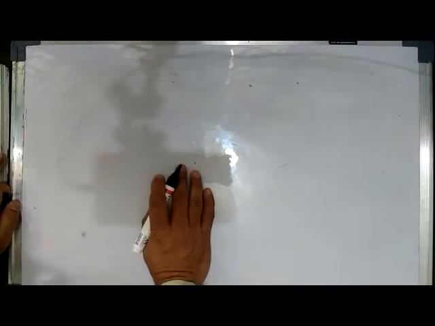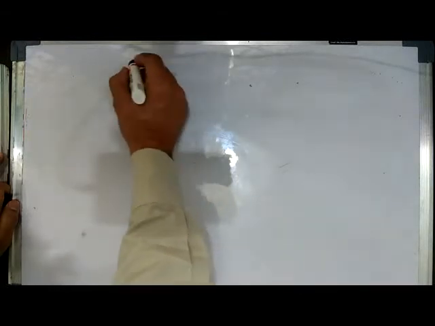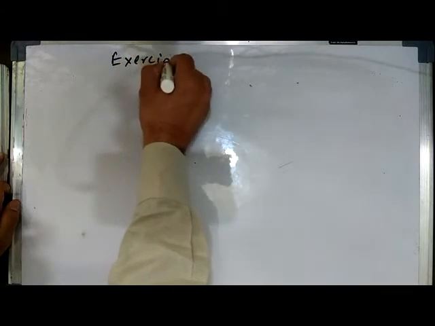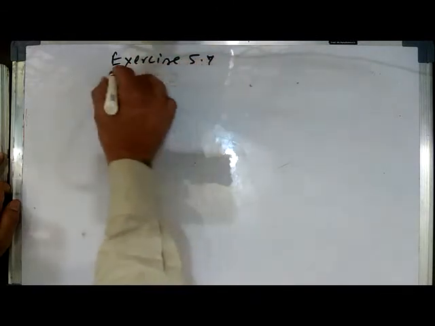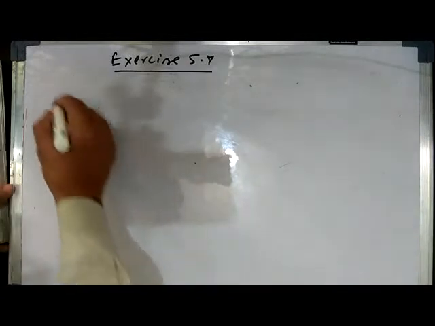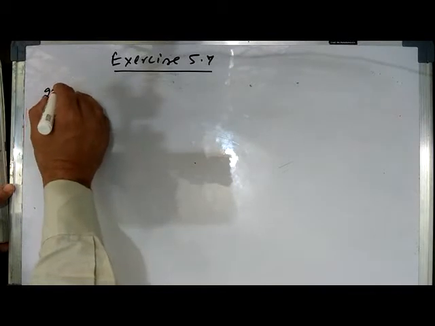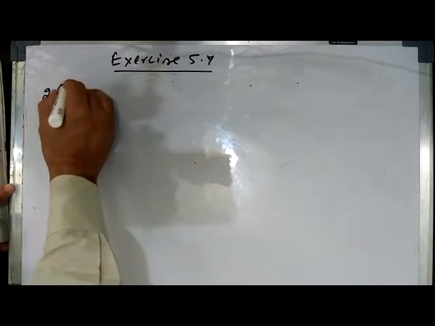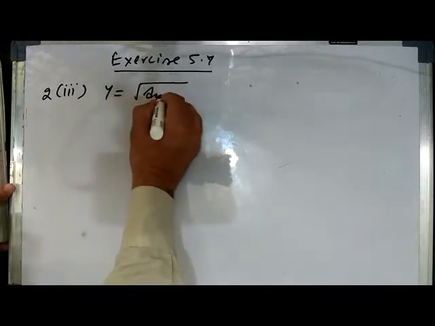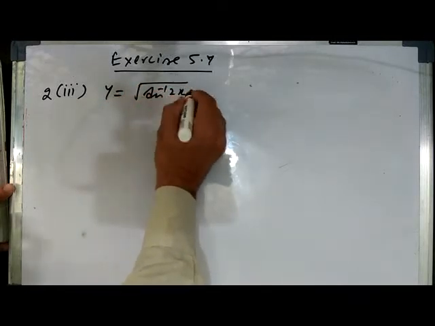Now, with the established concepts of differentiation of inverse trigonometric functions, we will be solving the questions of exercise 5.7 of your textbook. I am seeing there are few questions. For example, we have the second, third part, which is y equals root of sine inverse 2x.